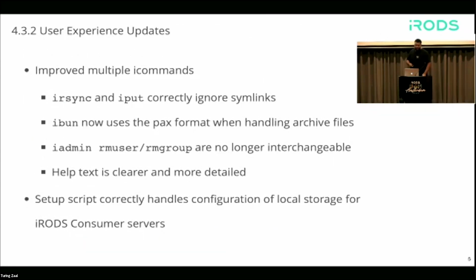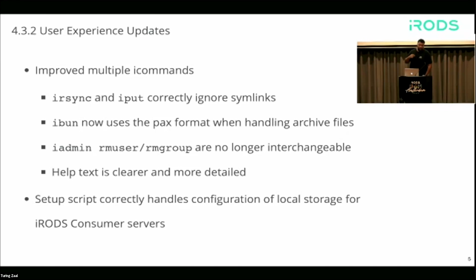All right. For the 4.3.2 user experience, we've made some improvements to multiple i-commands. Help text has been improved. Common things that people ask us in Google Groups, we've put effort into documenting in the i-commands help text.